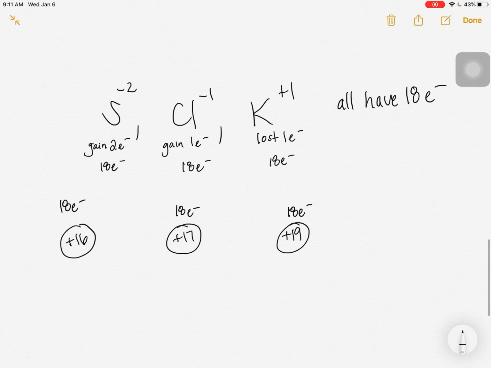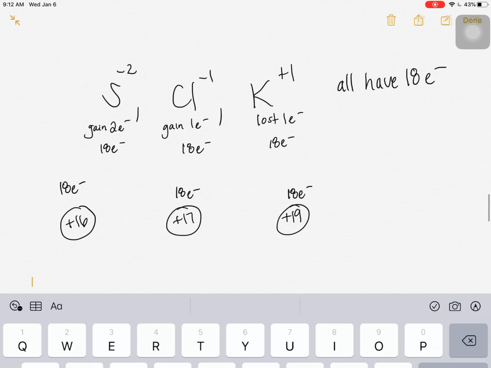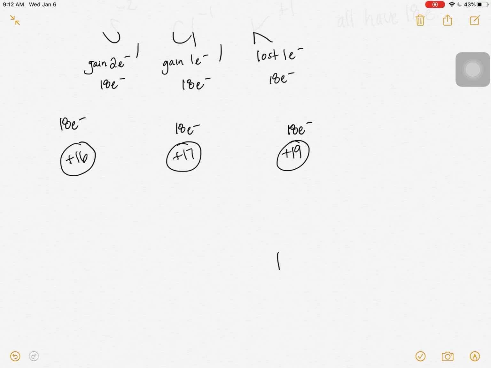However, the difference, and I hope you can see it, is how many protons are in the nucleus. They're different. So this is where I'm going to reference that idea of how hard the nucleus is pulling, because they're pulling with different amounts. In this case, the K +1 is pulling the hardest. Why? Because it has the most protons. If it's pulling the hardest, think about a tug-of-war team who's really pulling hard, that's going to be the smallest ion.